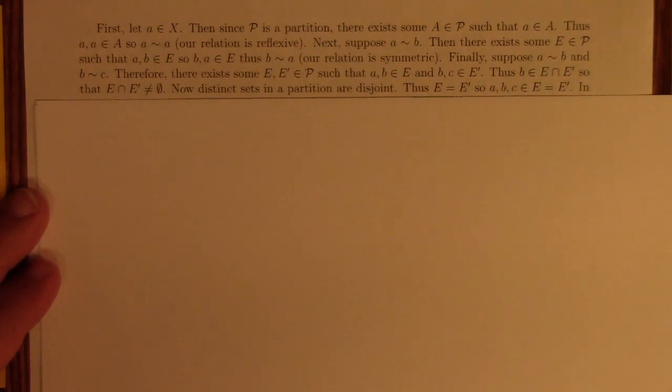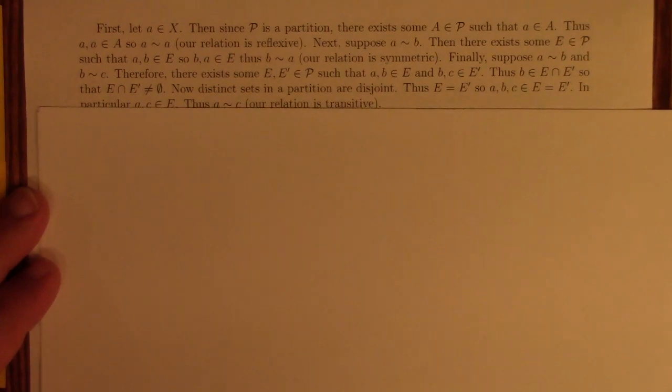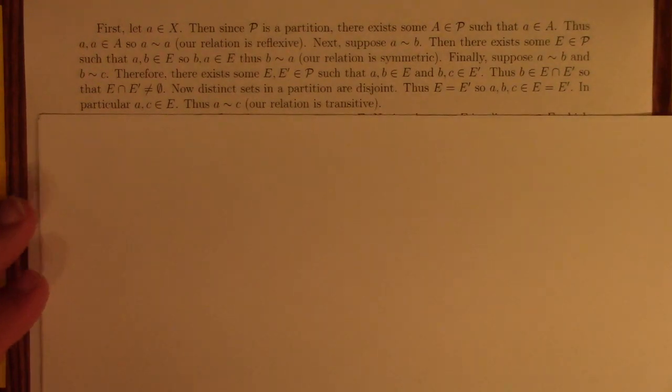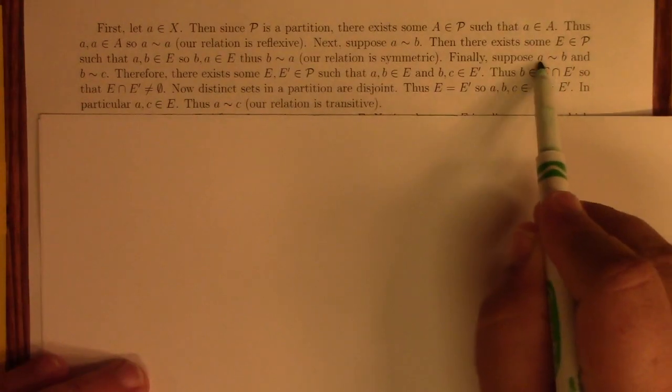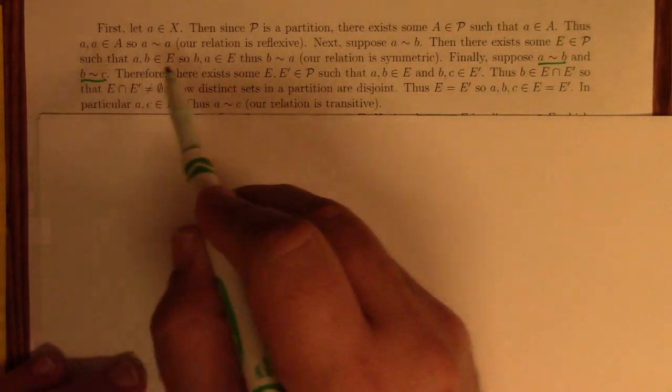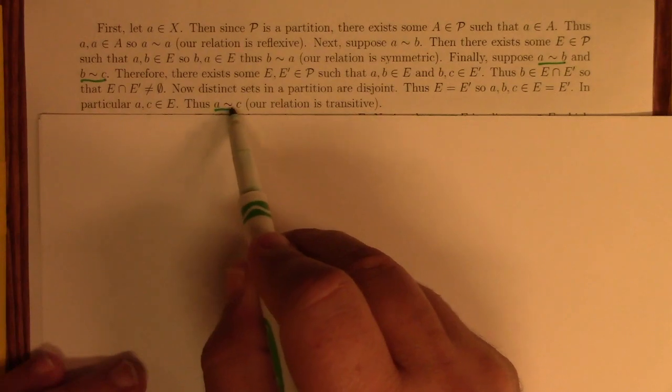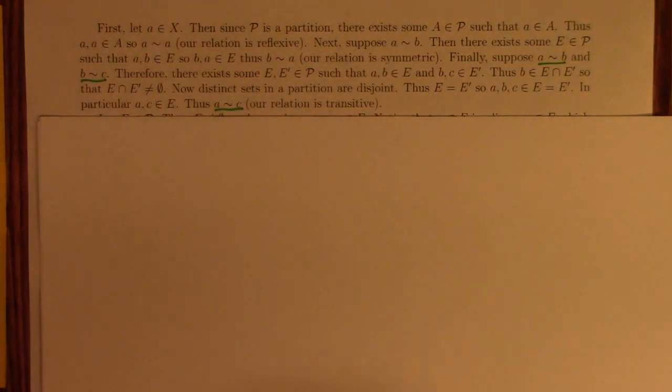But distinct partition sets are disjoint, which means that these must not be distinct. In fact, they have to be equal by our definition of partition. So E equals E prime, which means that a, b, and c are all in E, which is to say that a and c are both in E, which goes to show that a is related to c. Remember up here we assumed that a relates to b and b relates to c. We've just gone through what it takes to show that a is related to c, which establishes the transitivity of the relation.